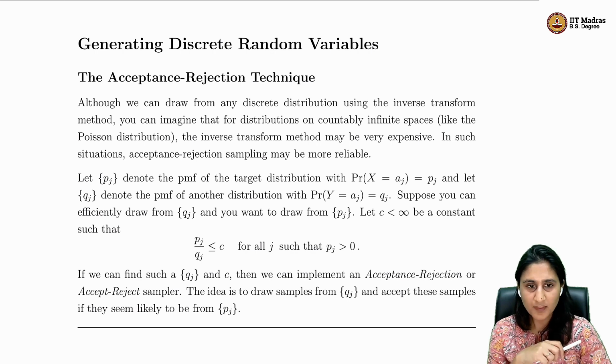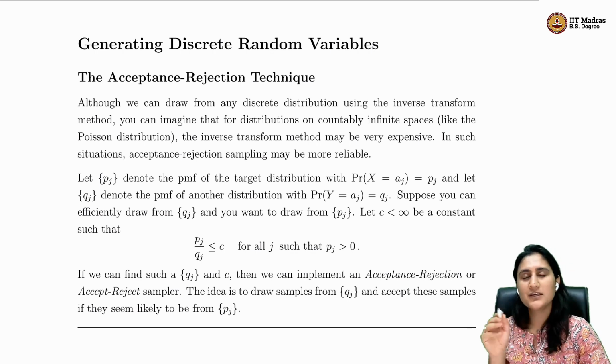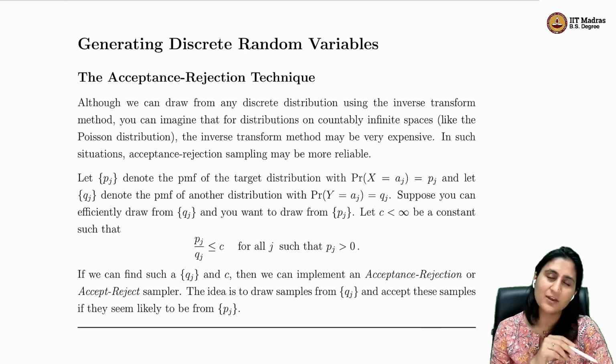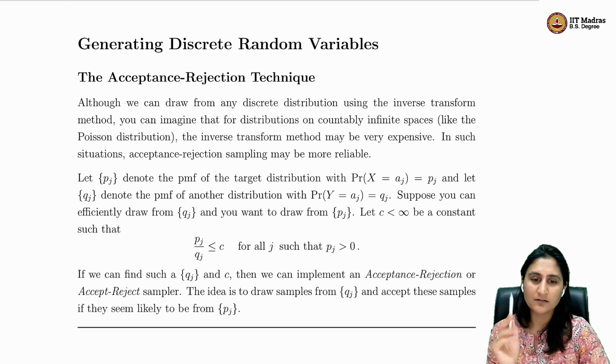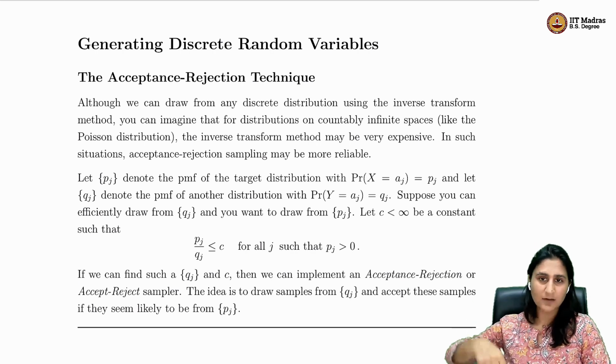If that is so, then we can use the draws from q_j to get draws from p_j. We can use draws from one random variable to get draws from another random variable. This can be done if two things hold. The first one I'll talk about right now, and the second one a little later.